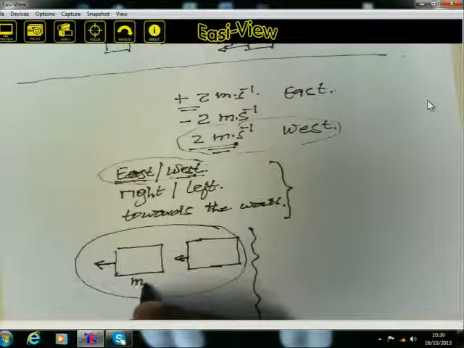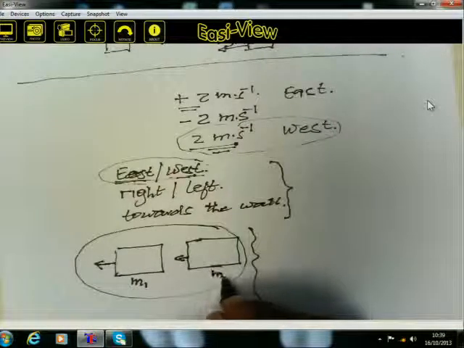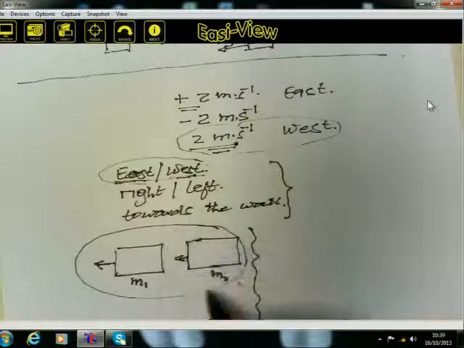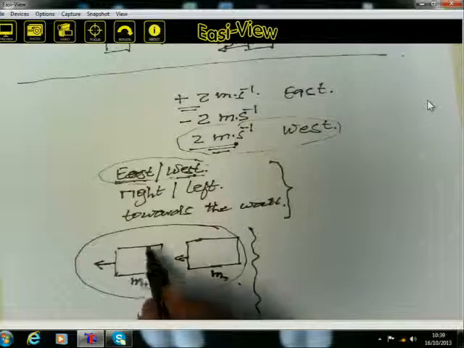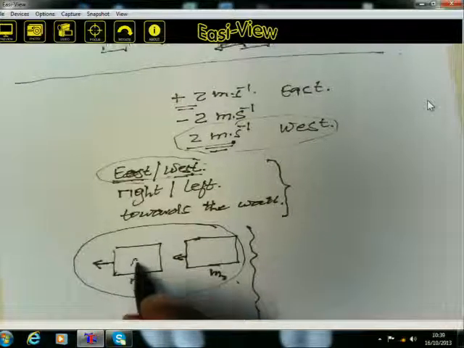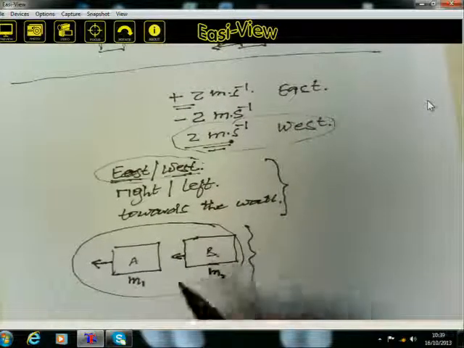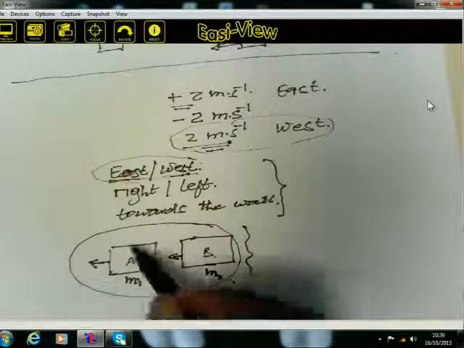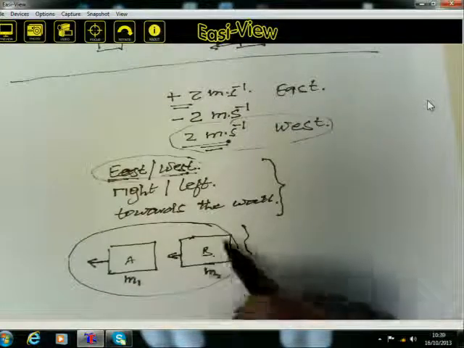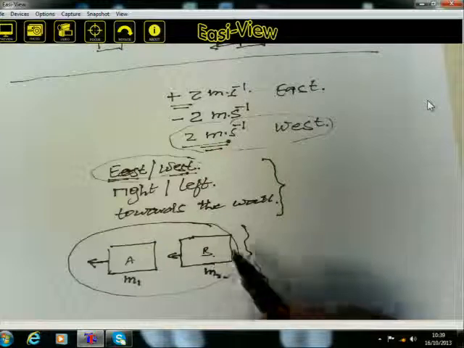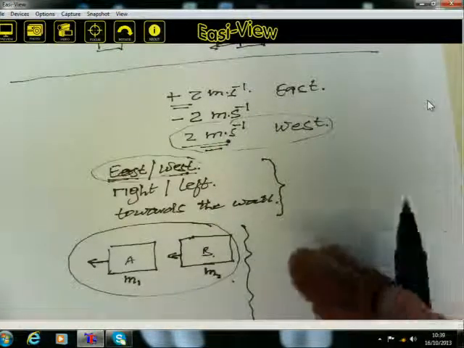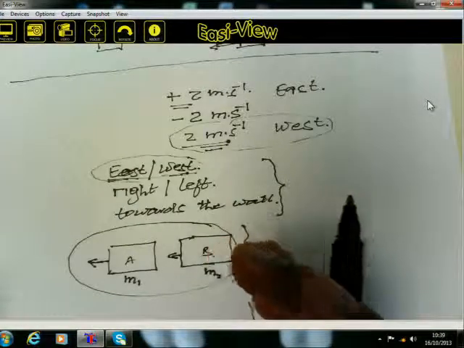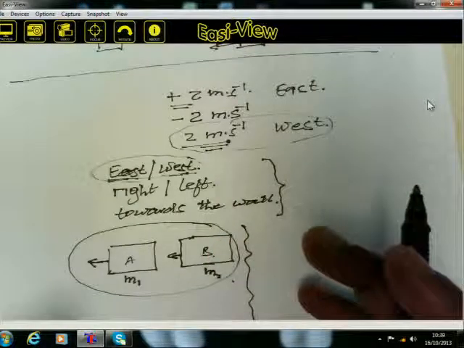If you say that is M1 and that is M2, we are referring to the total momentum, not only the momentum of object A, or if you call that A and B. We are not only talking about the momentum of A, we are not only talking about the momentum of B. So we are referring to the total momentum of that system, of the two objects, before the collision takes place.